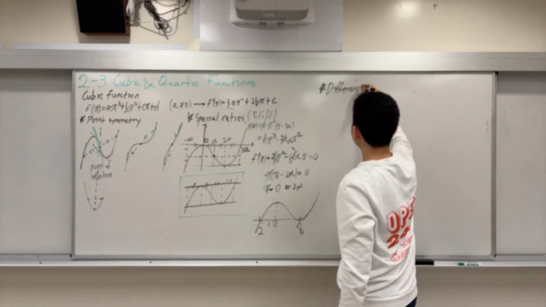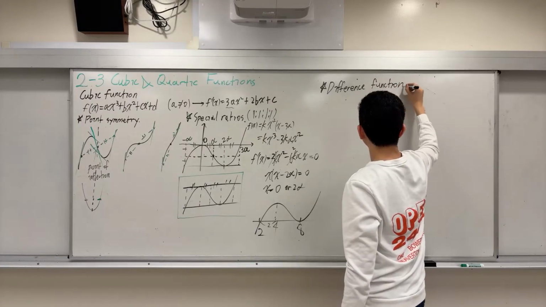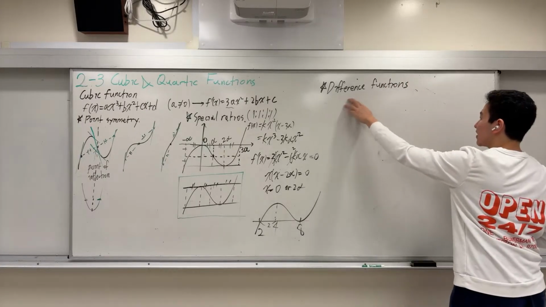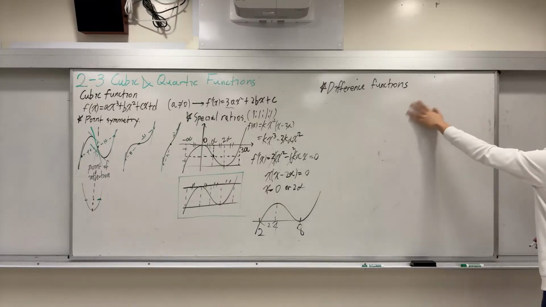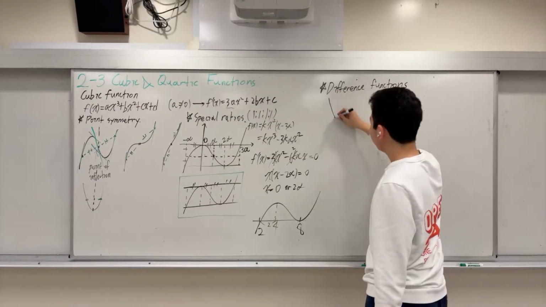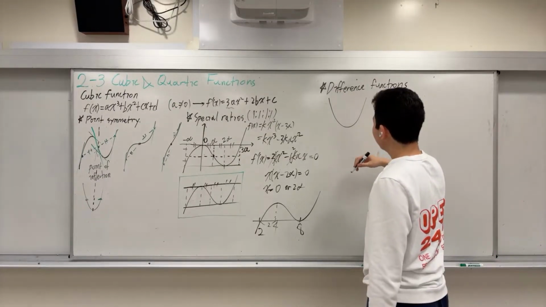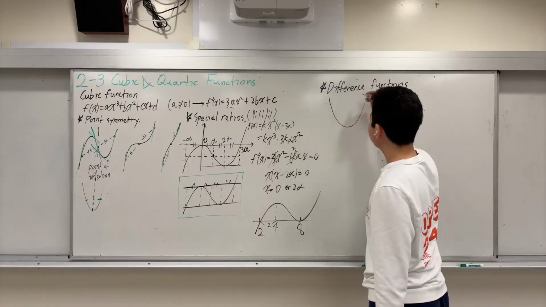So what does this mean? Let's say that you want to find the intersections between two curves, okay? Let's say you have a quadratic, in general, this is a good strategy.